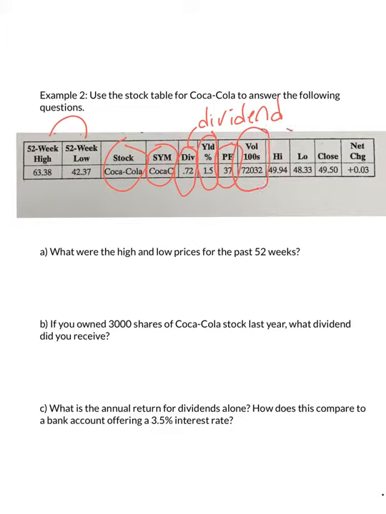The highest price the stock went for yesterday is the high. The lowest price the stock went for yesterday is the low. The price at the time the market closed yesterday is the close column. And net change summarizes the difference in price from when the stock market closed 2 days ago compared to when it closed yesterday.